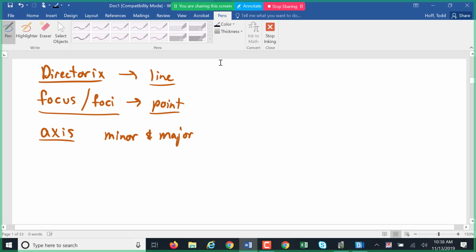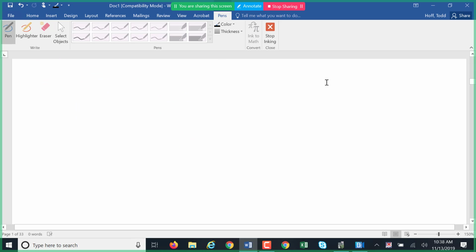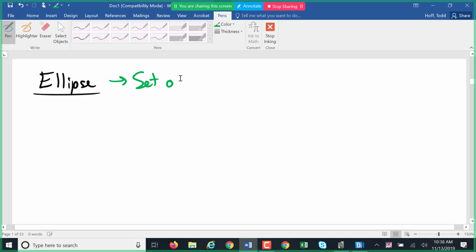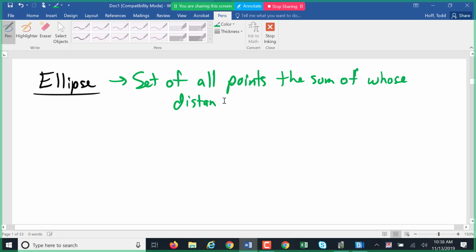So on an ellipse, first of all, the definition of an ellipse is the set of all points the sum of whose distance from two set points is constant.